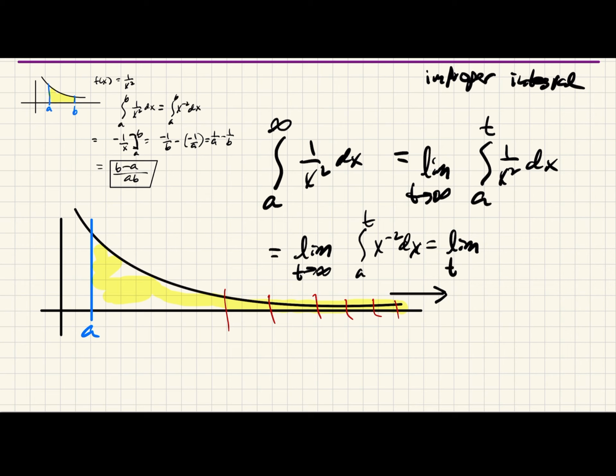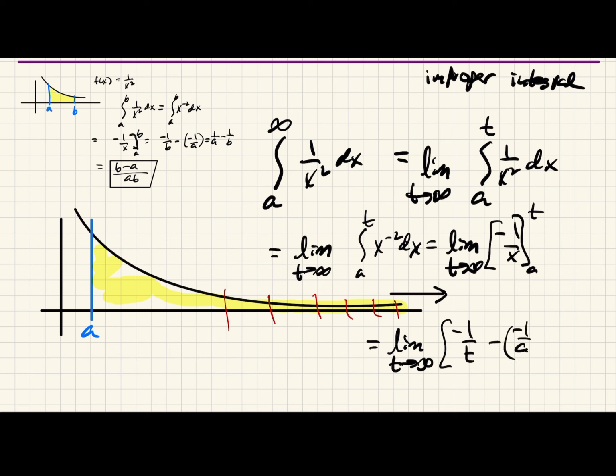So that's the limit as t goes to infinity of minus 1 over x evaluated from a to t. Okay, so then this becomes the limit as t goes to infinity of minus 1 over t minus 1 over a.